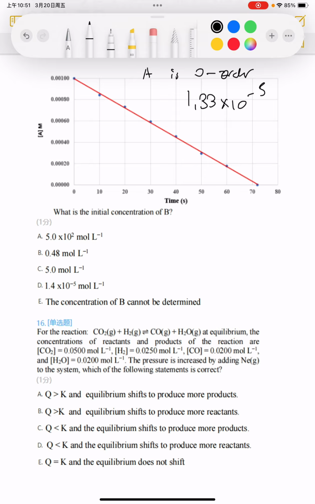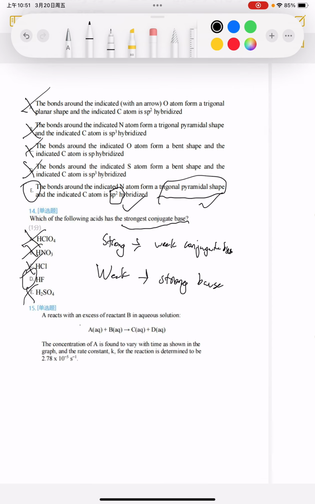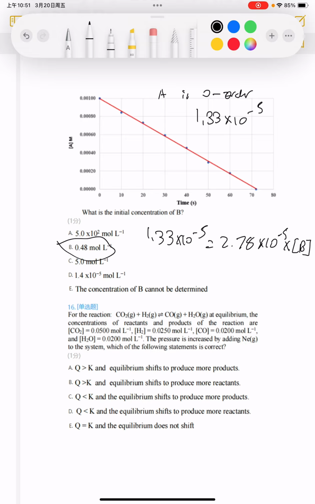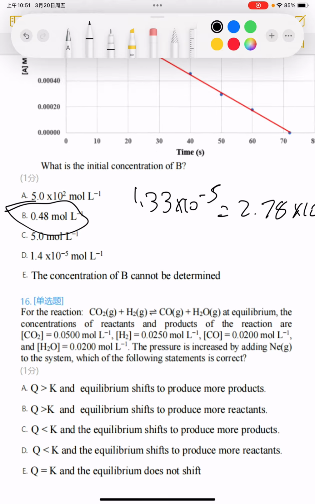So basically we know the rate, 1.33 times 10 to the -5, equals the rate constant, which they've given, 2.78 times 10 to the -5, and then we times the B. So you divide these, and we can get 0.48 moles per liter.